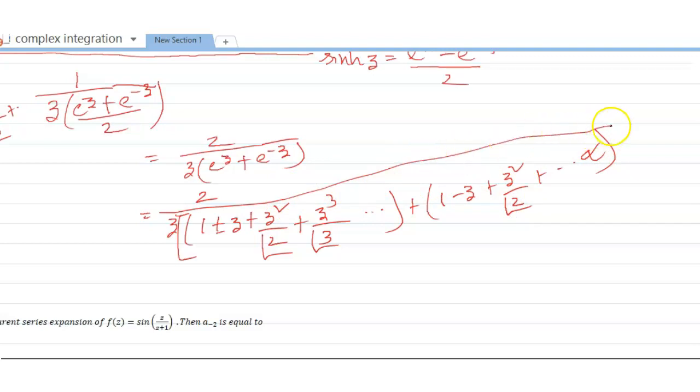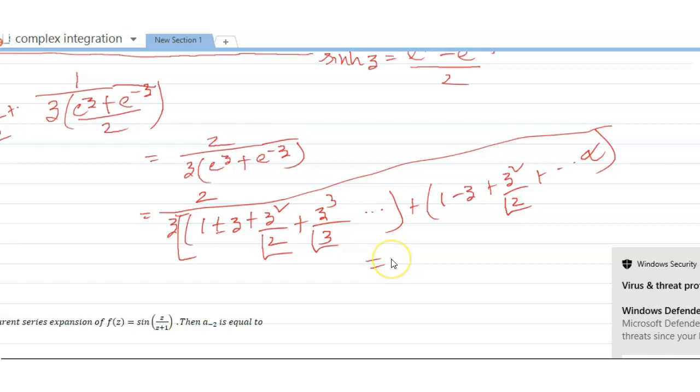This value I know, and after that sinh z can be written. So friends, it can be written this way.